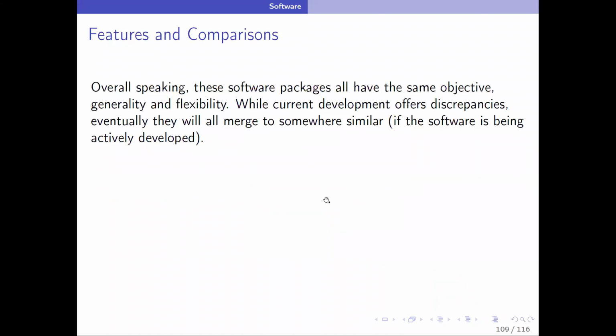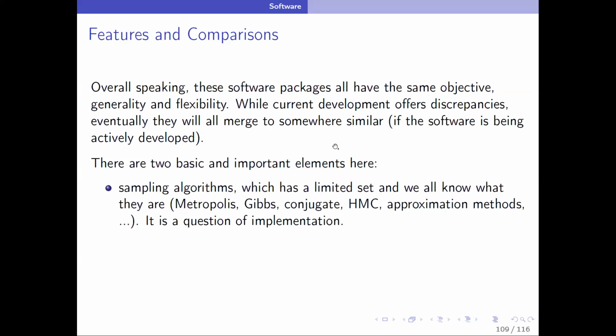I want to spend the last two to three minutes to talk about some features and comparison. Overall, these software packages all have the same objective, generality and flexibility. The actual development offers discrepancies. I think by the end of the day, they will all merge to somewhere similar, for the following reason.